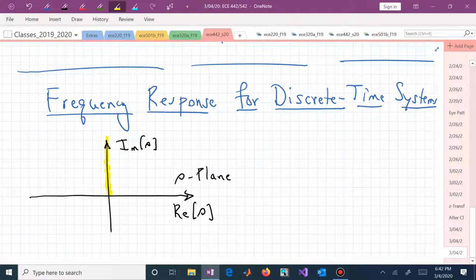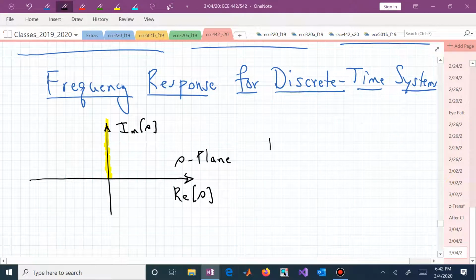What is that? Well, that's just replacing S everywhere in our transfer function with j omega. We're walking up that imaginary axis. We're starting at DC at the origin, and then we just increase frequency. That's just walking up that axis. In a sense, this is H of s equaling a over s plus a.